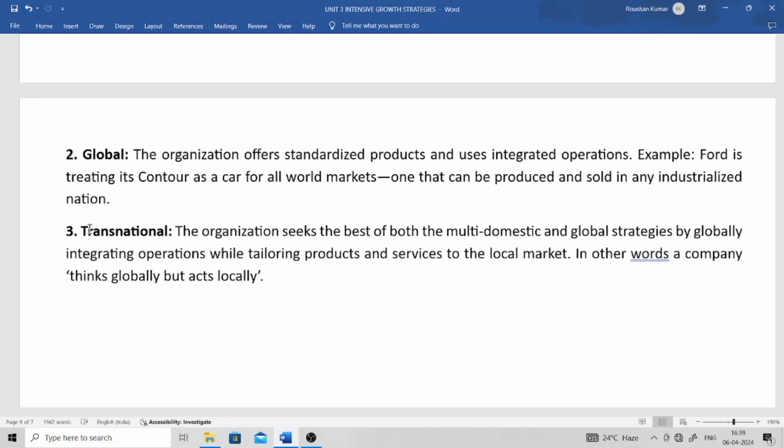So that's about transnational, means operation is global but the products and services offered to the local markets are local.